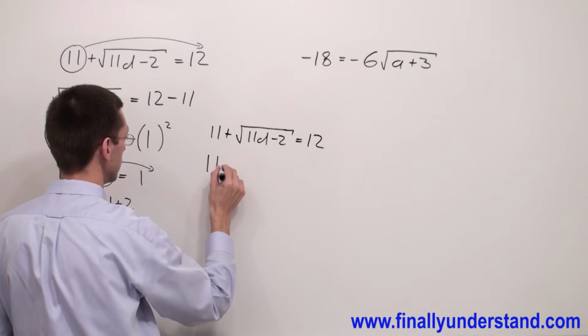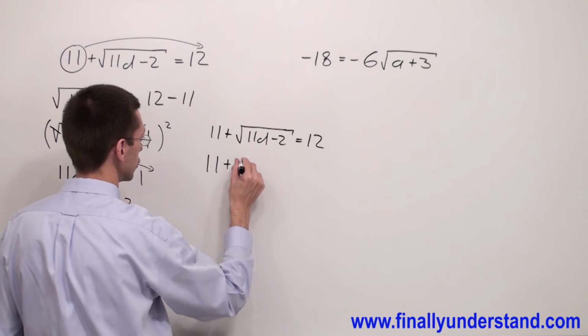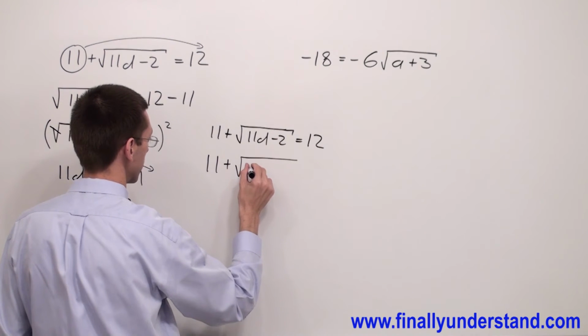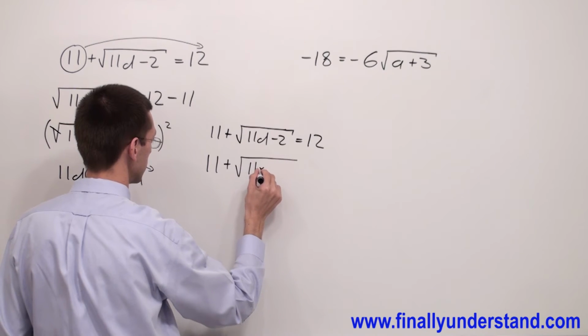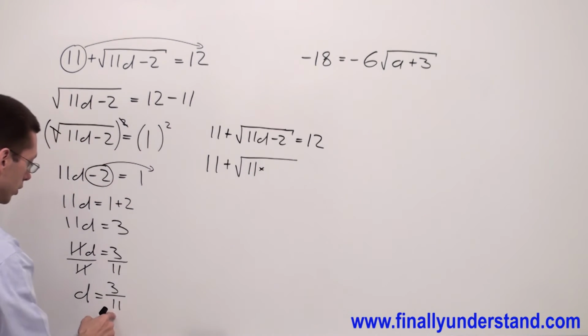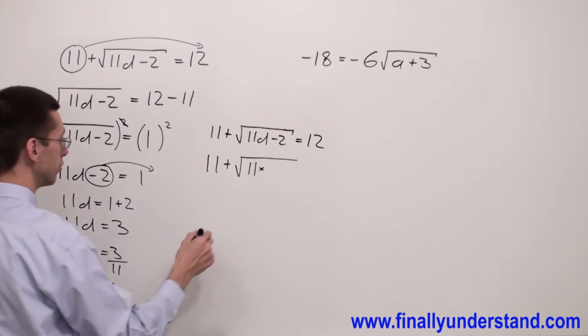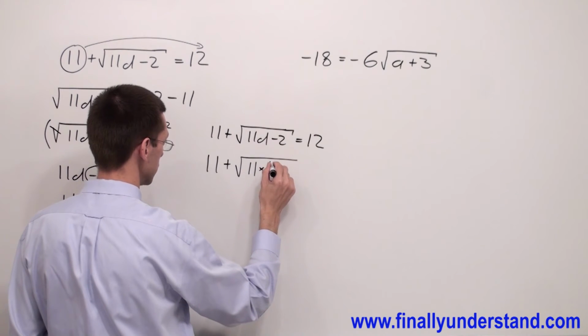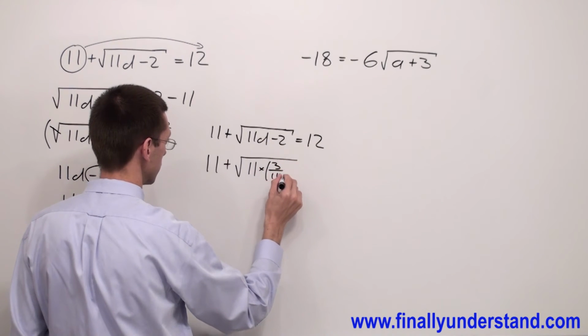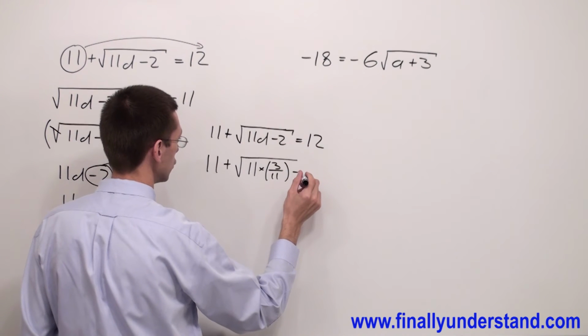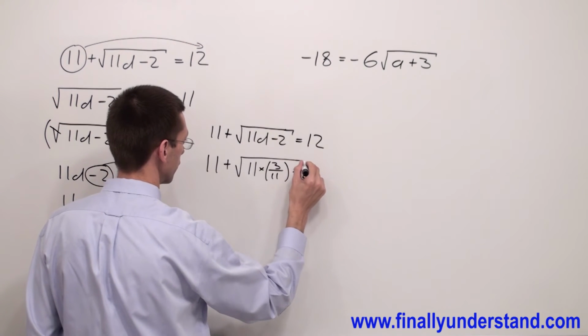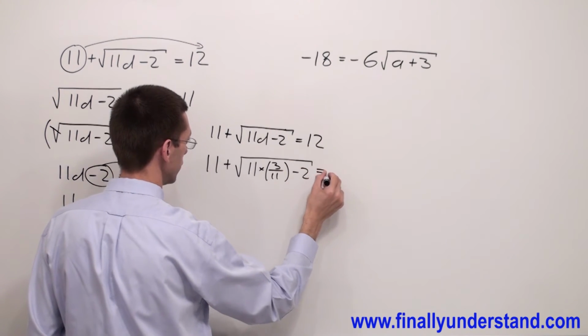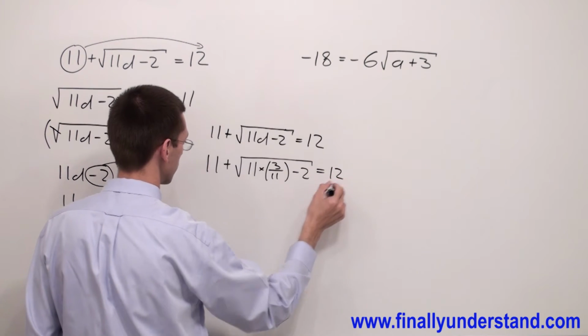So I have 11 plus square root of 11 times d, which is 3 over 11. I'm going to write this in parentheses, 3 over 11, minus 2 has to be equal to 12.